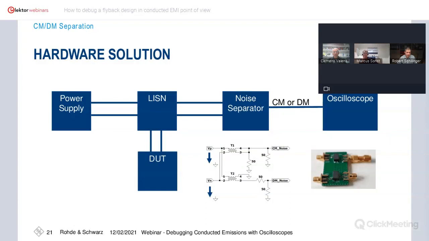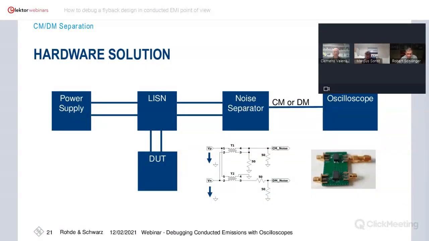On the left, you have the power supply. Then the LISN is coming. You put plus and minus on the left, and the device under test on the right side, also plus and minus. And the oscilloscope directly on both channels and use the mathematic functions, or you also can add a separator or a combiner.